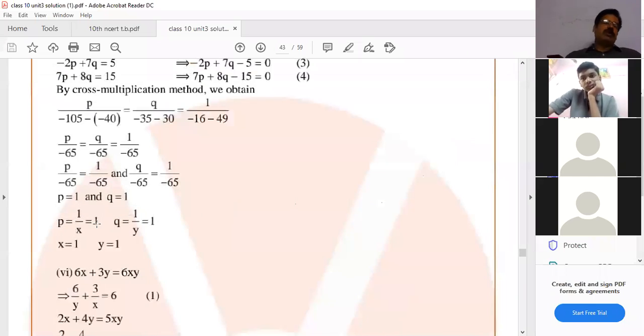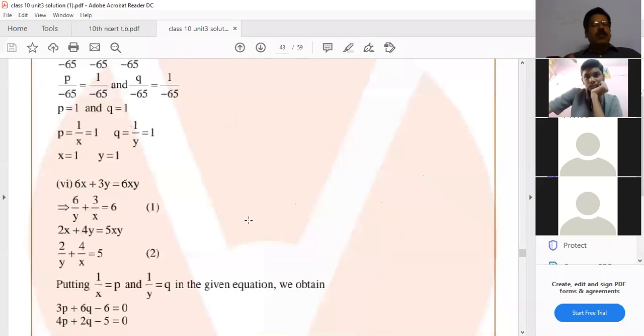Then 1 by x equal to 1 and 1 by y equal to 1. Hence x is equal to 1 and y equal to 1. Now in the sixth sum, one more step back. Here we have 6x plus 3y equal to 6xy given.